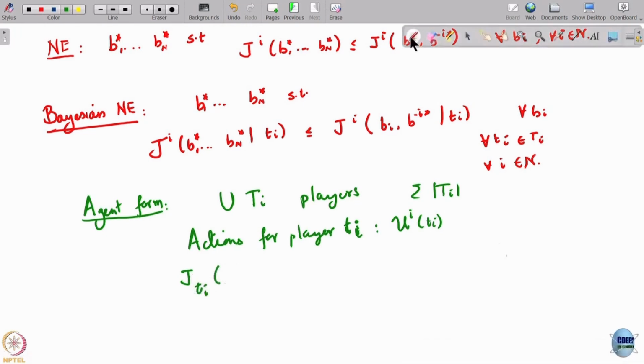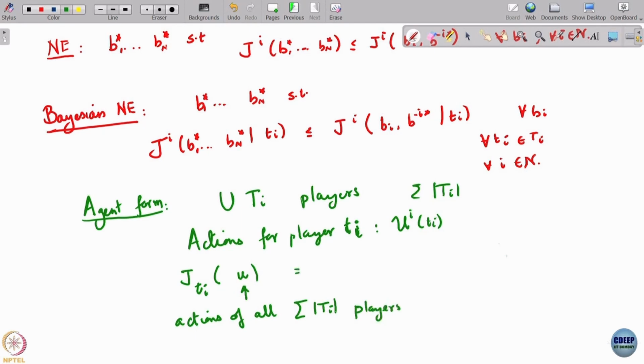Ji, where here let me write an action profile u. This is a fixed action profile, for the actions of all the summation of Ti players.